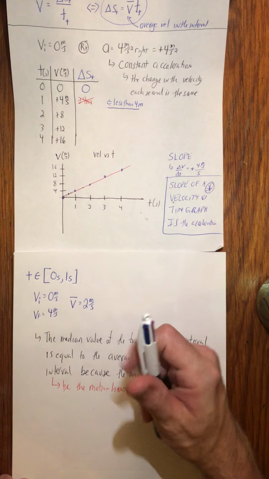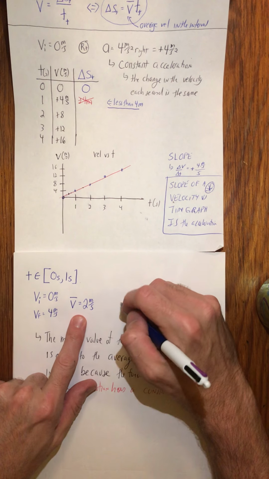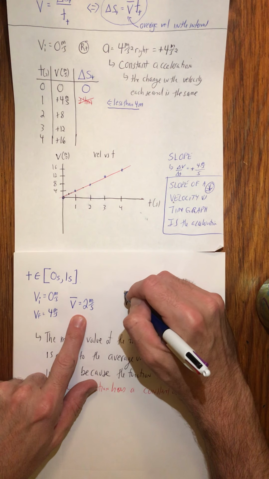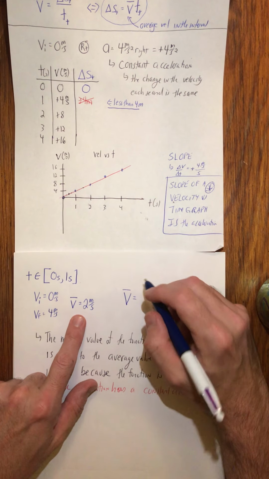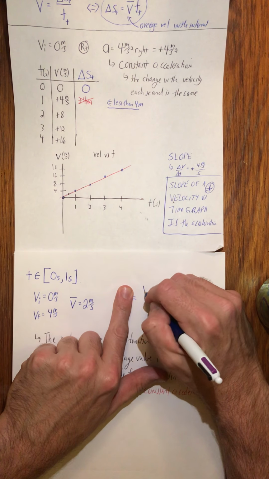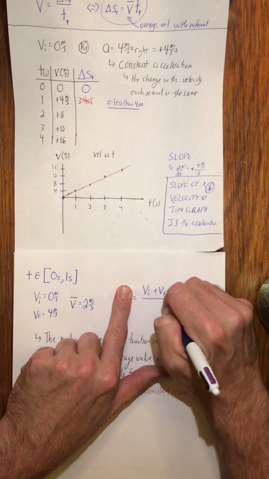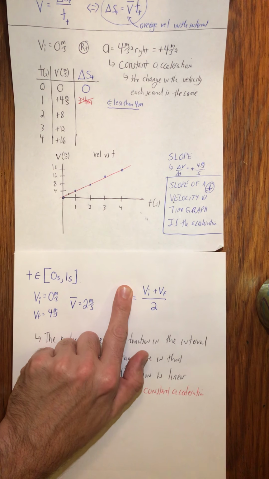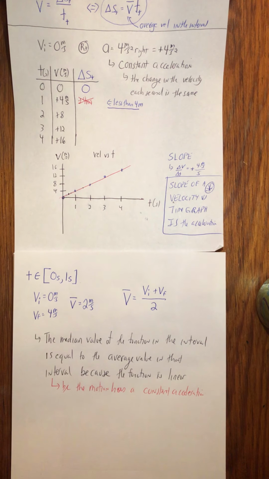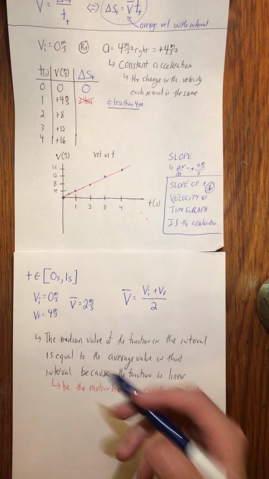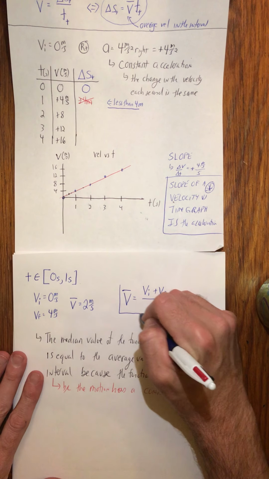So how then do I calculate this, right? So very simply, to find the median value of a function, you take the first value in the interval and the last value in the interval, and you divide by 2, right? That's how you find a median value. And we're going to say that that's equal to the average value.